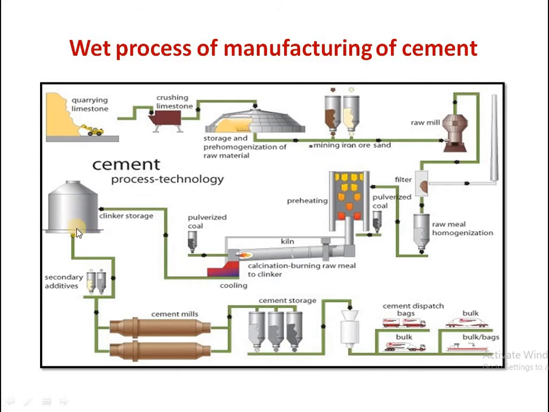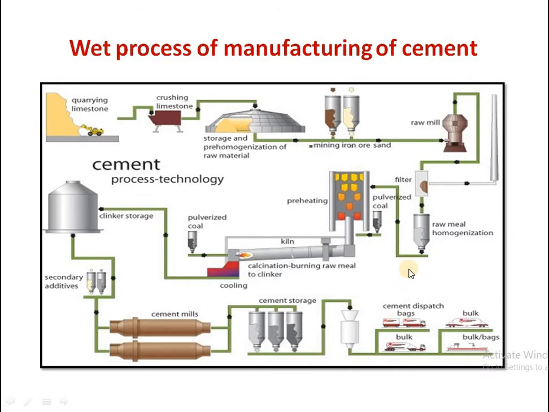After that we regrind the clinkers in cement mills, adding 2 to 3% gypsum as a secondary additive, and then we will get the final cement product which can be stored in cement silos.